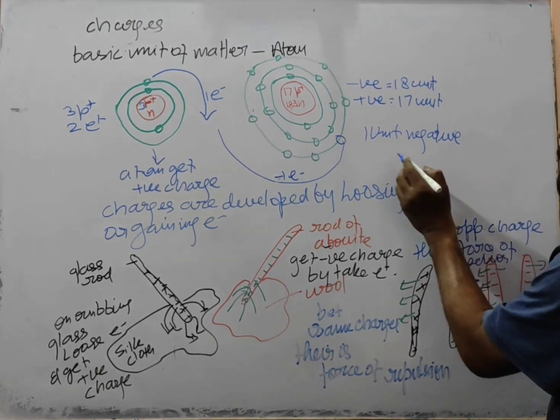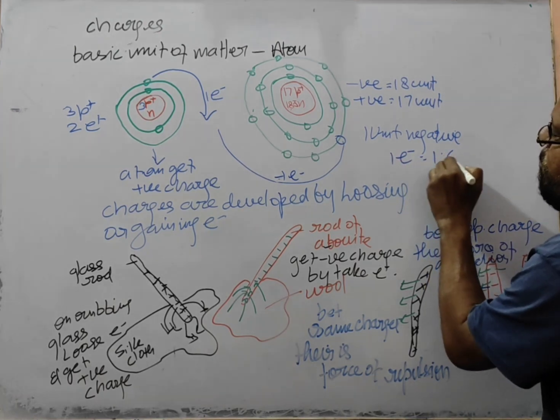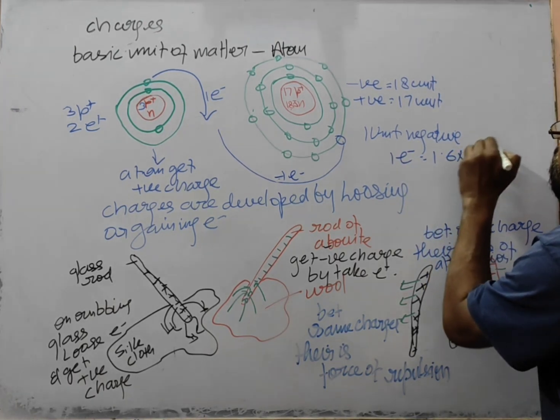Now, one electron has a charge of 1.6 into 10 to the power minus 19 coulomb.